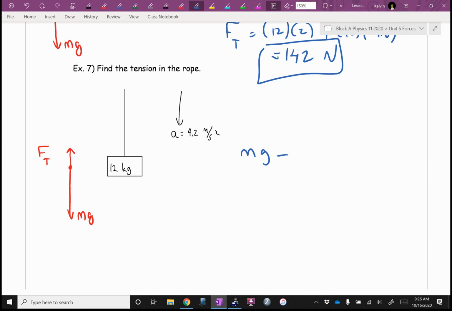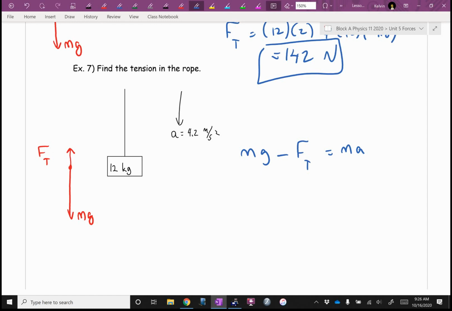Fine. Who's the losing force? What does winner minus loser always equal? MA. There's something I don't like right now about this equation. I don't like the minus sign in front of the tension.